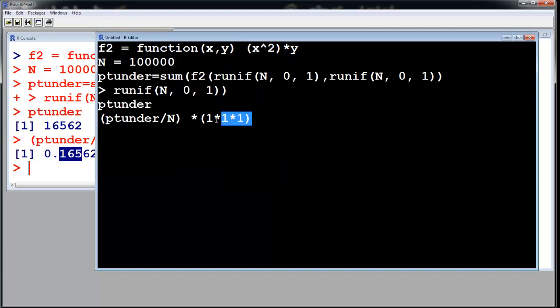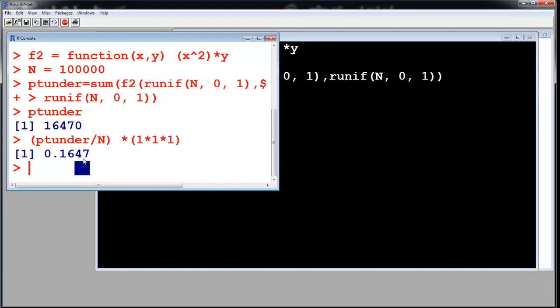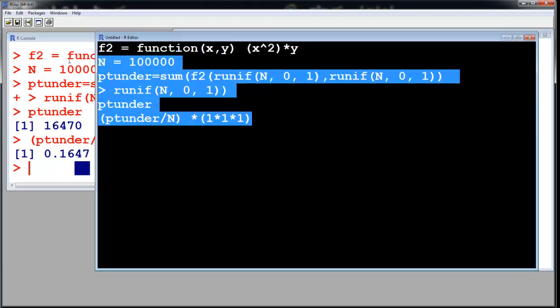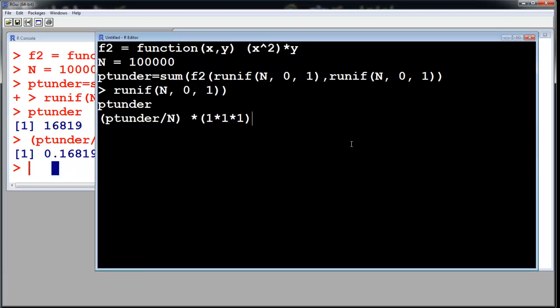Now you can keep running this as many times as you want to. Every time you will get a different answer, but you will see this is close to our value of 0.166. So now you have 0.168. So you can run the simulation multiple times, take the average of the values, and that average will give you approximate value of your hypervolume.